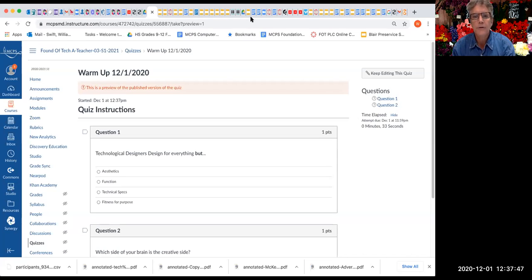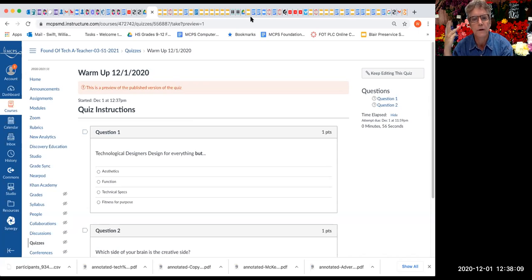So technological designers design for everything, but which one of these is not something a technological designer would come up with? Are technological designers interested in aesthetics? Are they interested in function? Are they interested in technical specs?